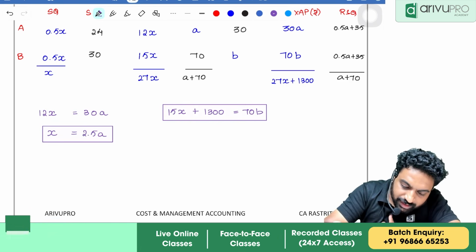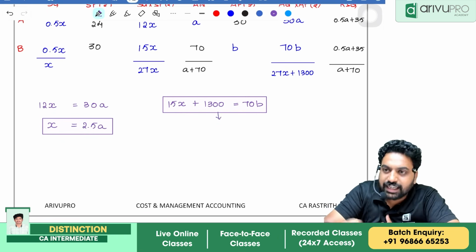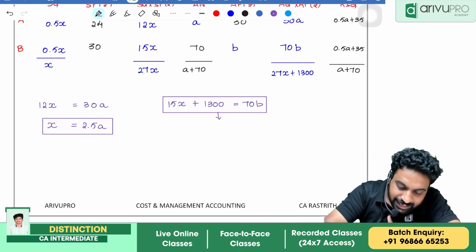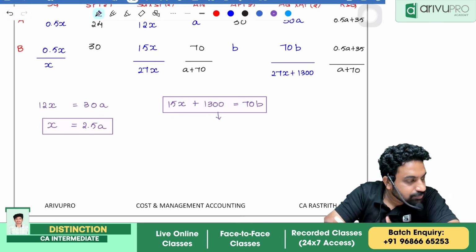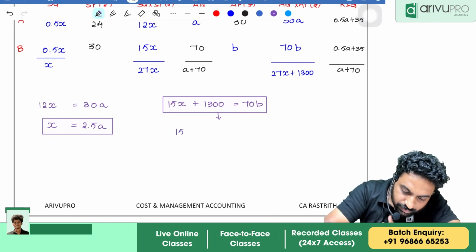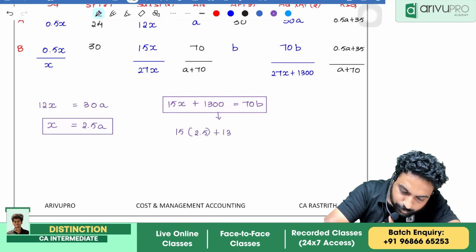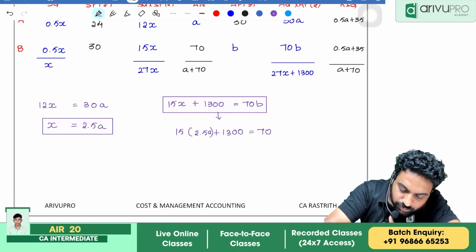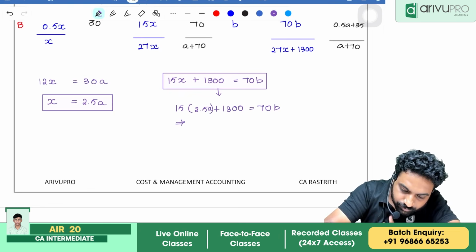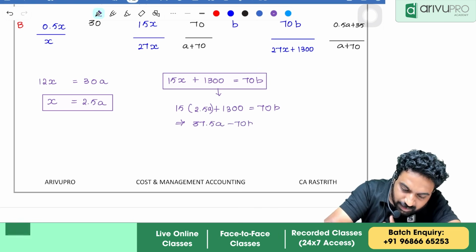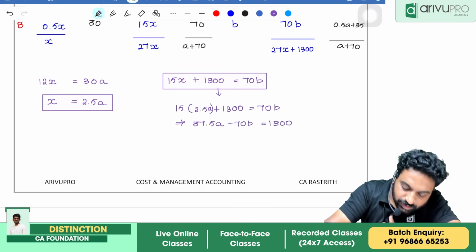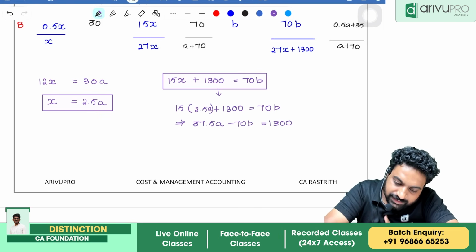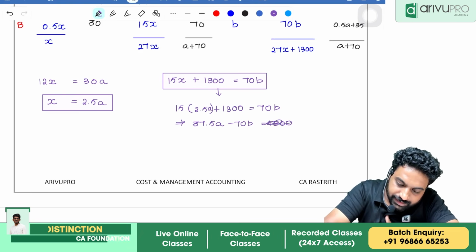Let me simplify it further. We'll try to get one unknown number at least. X shall I replace with 2.5A? So 15 into 2.5A plus 1300 is equal to 70B. 37.5A minus 70B is equal to minus 1300.